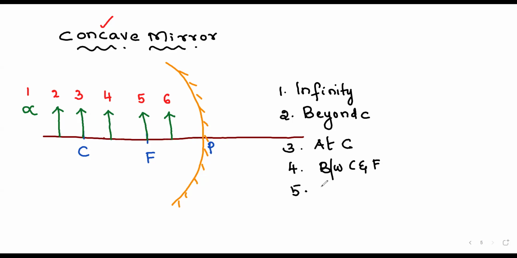Then the fifth one, at F. And the last image formation is between F and P. These are the 6 image formations of a concave mirror.